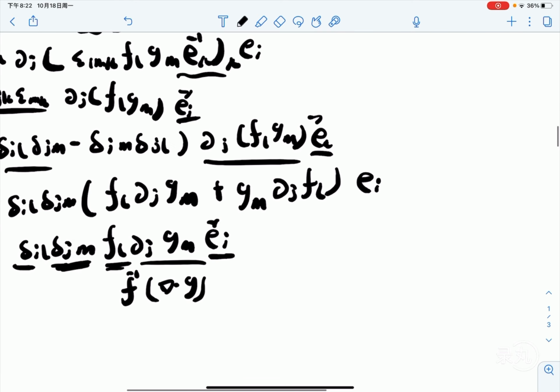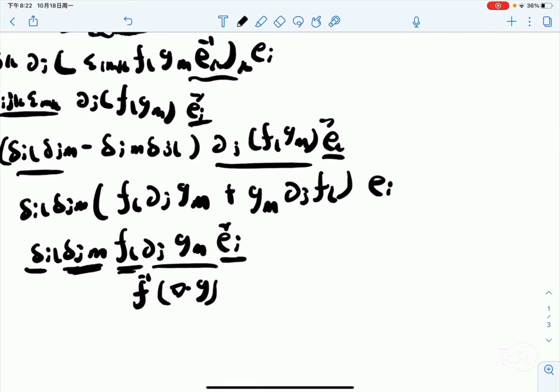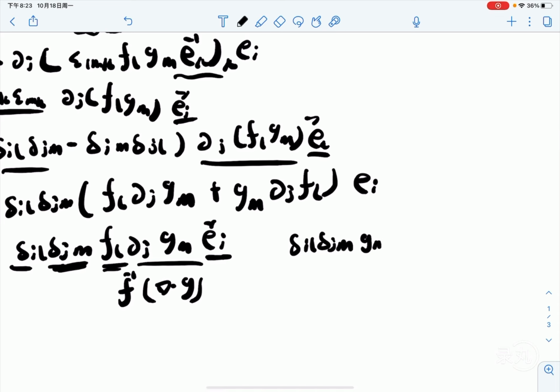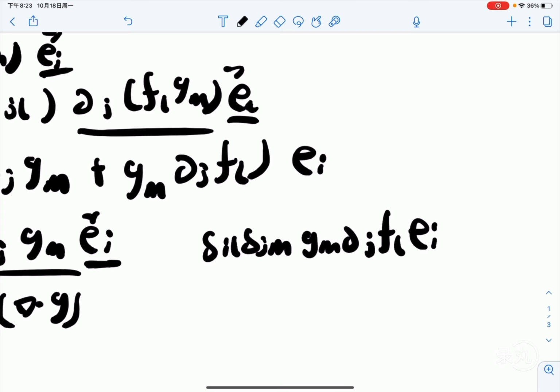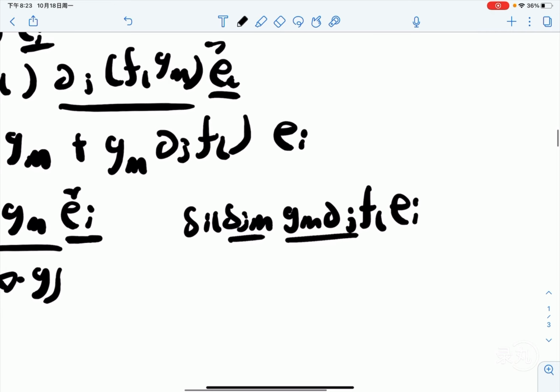And for the second term, which is δ_IL δ_JM ∂_J F_L e_I, and the first term requires that J is equal to M, so they're the same.